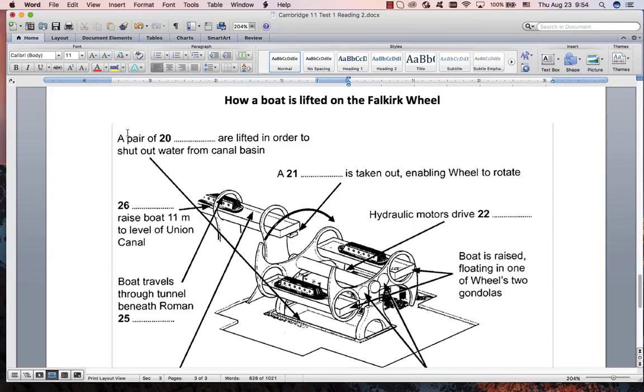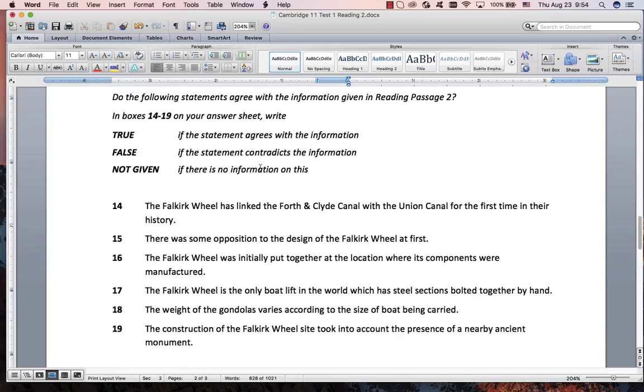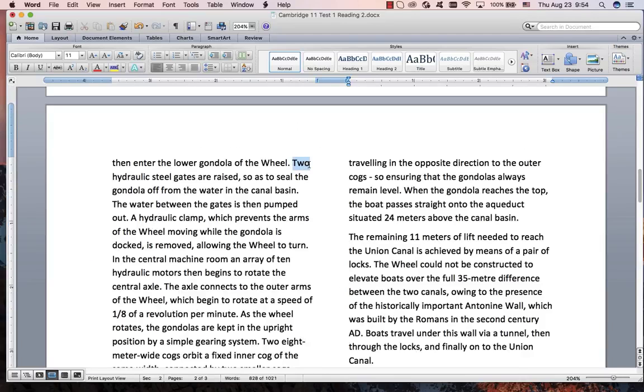We're going to scan for something that means 2, shut out water from canal basin, lifted, anything like that. And there we go. A pair of, that's lifted, seal the gondola from the water. So that means shut out the water. All right, great. So now we know that we're looking for a plural countable noun.